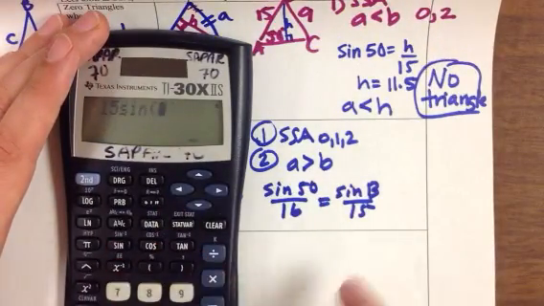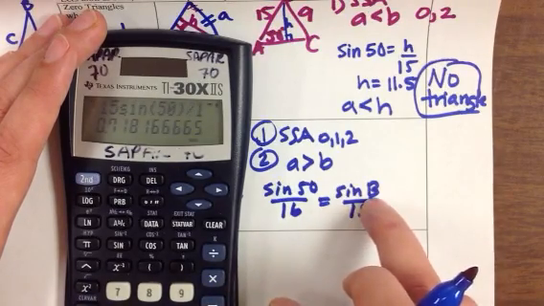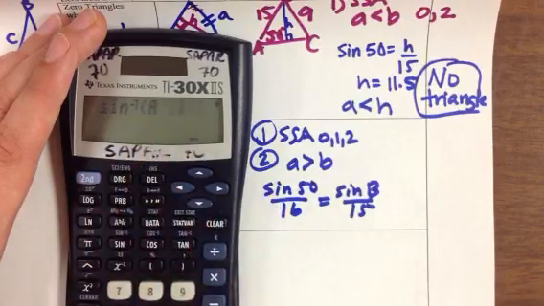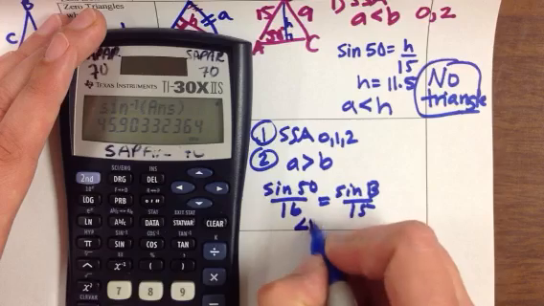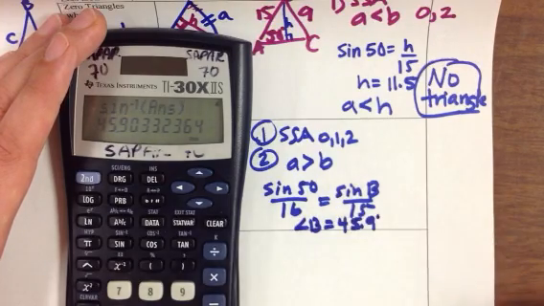15 times the sine of 50 divided by my 16, and I want to get to angle B, so I'd have to take the sine inverse of that last answer to get angle B. So angle B equals 45.9 degrees.